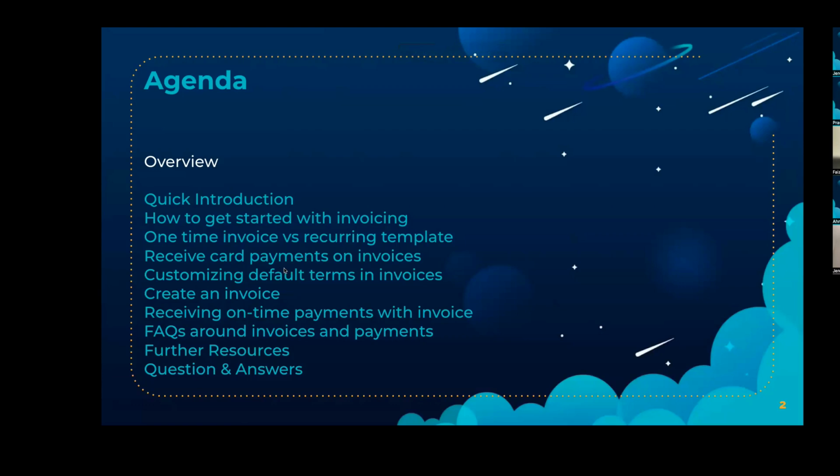How do you start receiving card payments on invoices? How to customize default terms in invoices, like how do you select the default terms that appear on all of your invoices? How do you get started creating an invoice? And we also have a feature for receiving auto payments, like you can enable auto payments in the invoicing feature and you can always receive all of your payments on time. So yeah, that's the quick agenda.